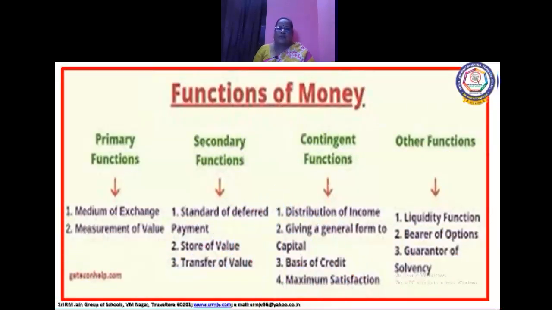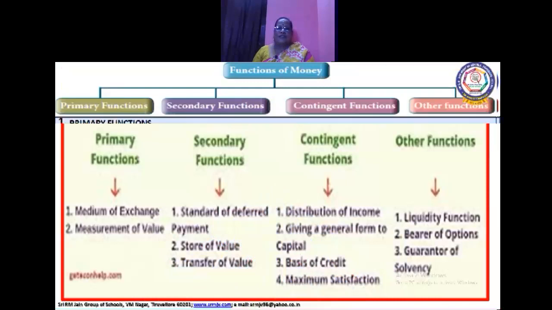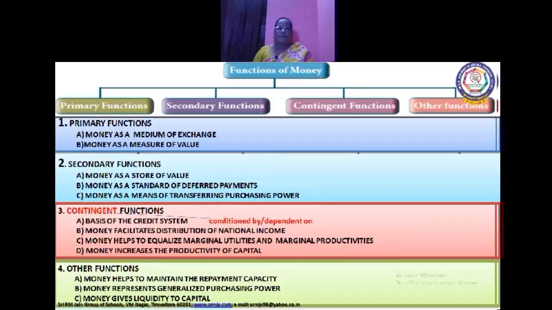Now let us move on to the functions of money. The functions of money have been divided into four. Number one, primary functions. Number two, secondary functions. Number three, contingent functions.